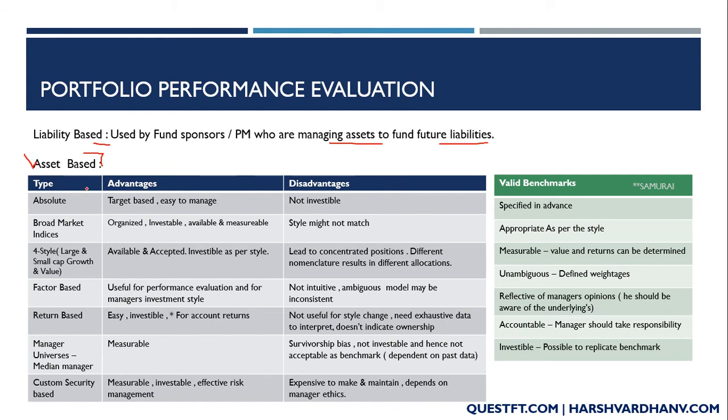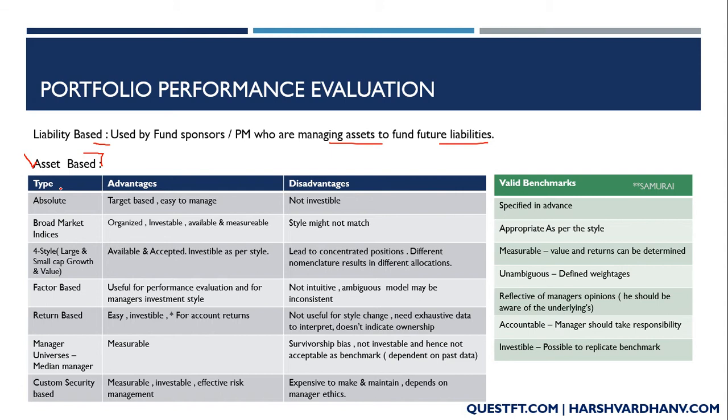We'll first see the asset-based benchmark, what a benchmark means, and how one finalizes that a benchmark can be used for a given purpose. We have covered the liability-based benchmark in the previous video also.